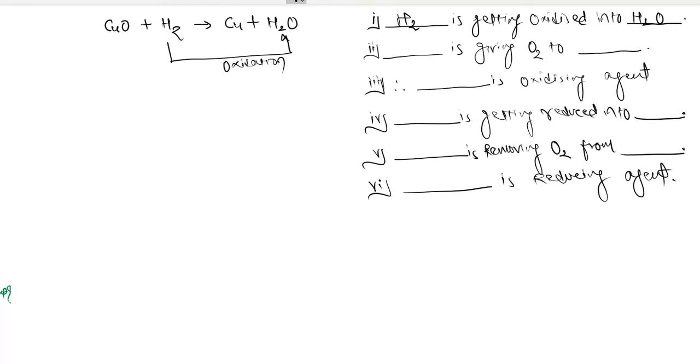Dash is giving oxygen to dash. Who has the oxygen? Copper oxide. So copper oxide is giving oxygen to hydrogen, and then the hydrogen becomes water. So copper oxide is responsible for giving oxygen. Therefore, copper oxide is the oxidizing agent.